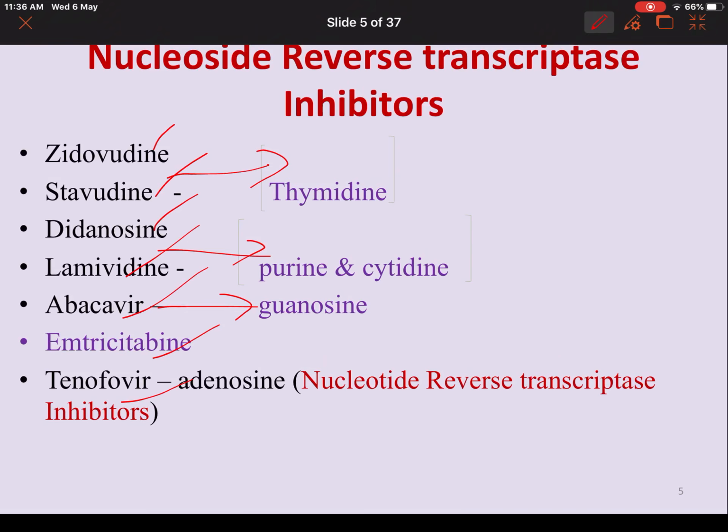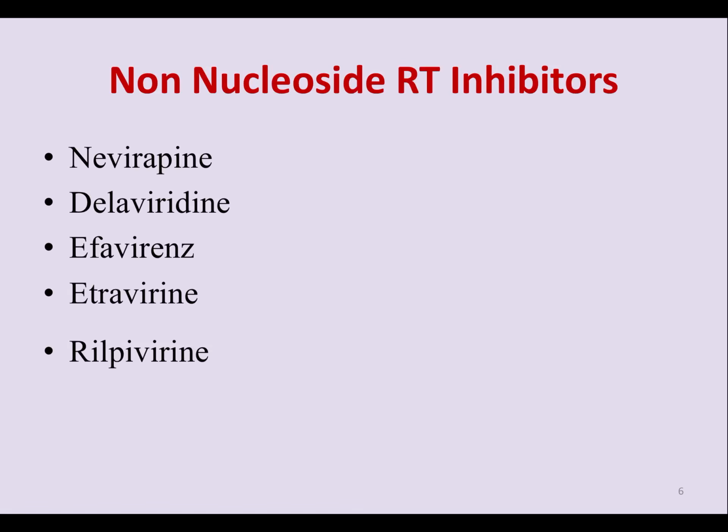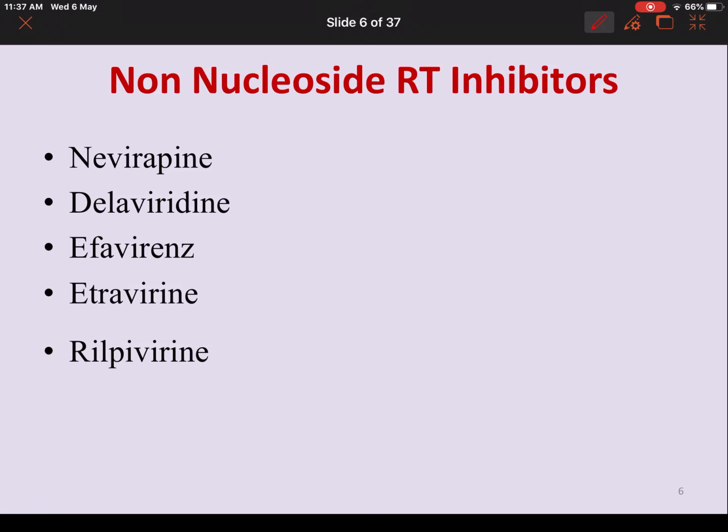Tenofovir is an adenosine analog. There are non-nucleoside reverse transcriptase inhibitors as well. These are not structurally similar to any of the nucleosides, like nevirapine, delavirdine, efavirenz, etravirine and rilpivirine.